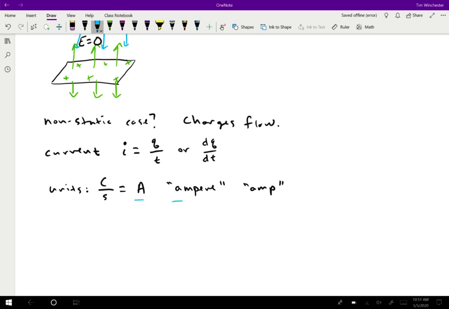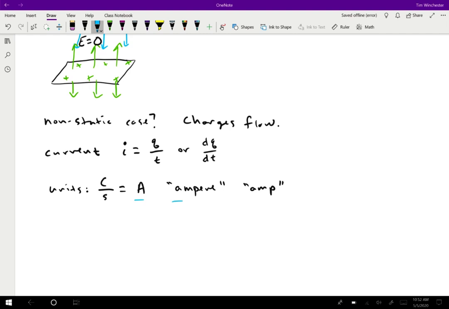Something like a dryer probably has the highest usage in your house. It may be a couple of dozen amps. But a normal appliance like a clock probably is using like milliamps or less. And other things are going to be in between. So it's a perfectly ordinary everyday sized unit.